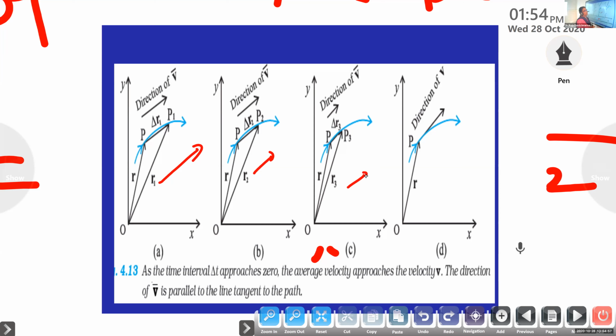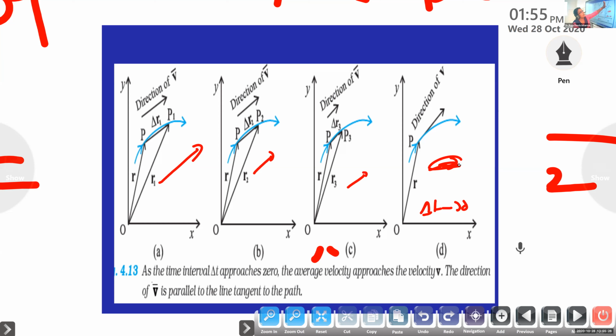First r to r1, then r1 to r2, then r3, and finally when delta t tends to 0, at this point the velocity and the position, everything becomes the same. So this is instantaneous velocity.